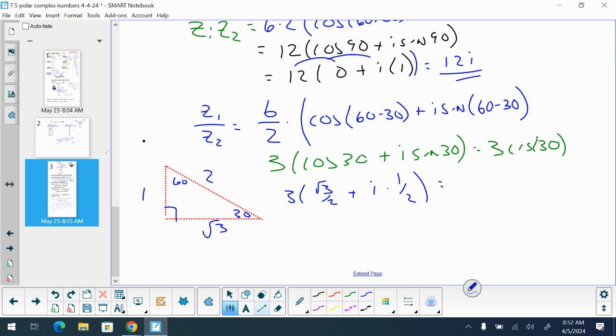So if I wanted to take this back out of polar coordinates, I can use my angle relationships to give me 3 square root of 3 over 2 plus 3 over 2I. And that takes us out of polar coordinates, back into what we normally use, complex A plus BI imaginary notation. So you can go from one to the other by using your triangle relationships.